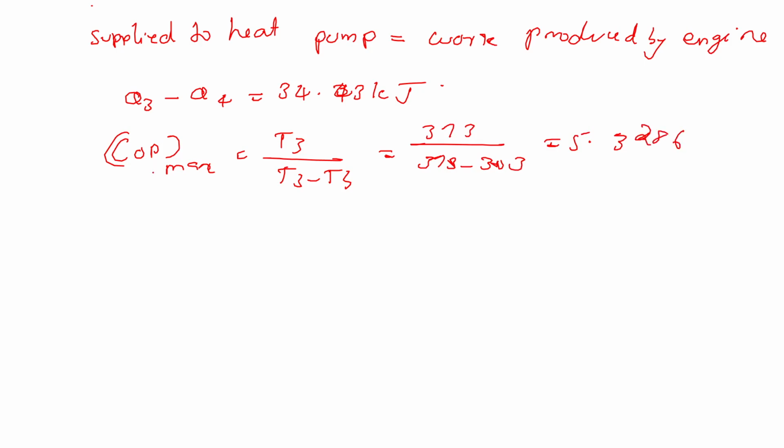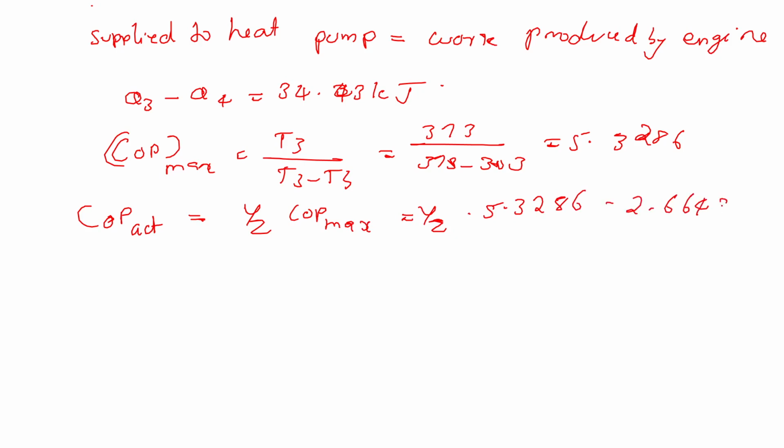So you'll get the answer 5.3286. Okay, now COP actual value, how will it be? Half of COP maximum. So you can write half of 5.3286, it will be 2.6643.